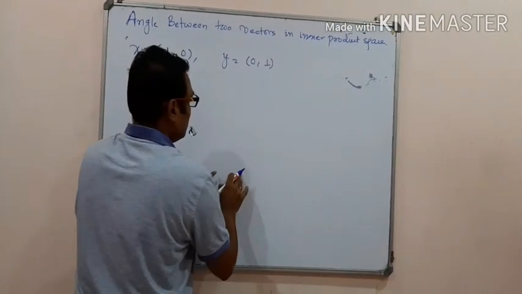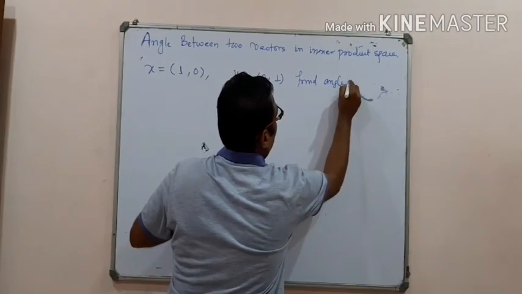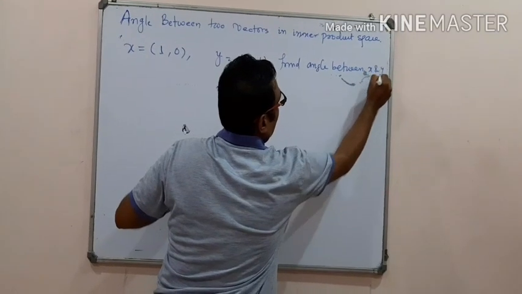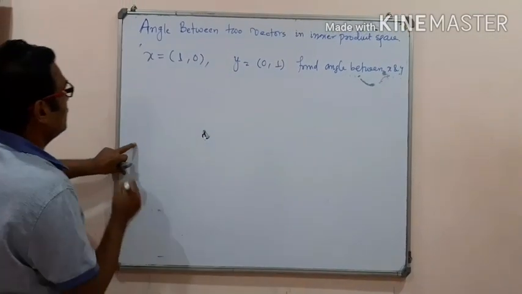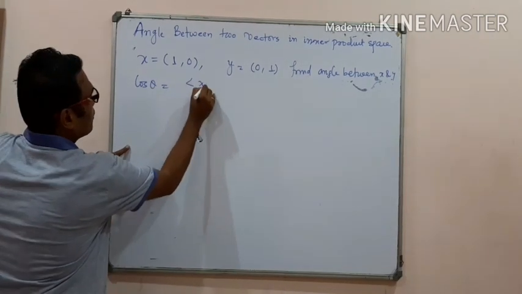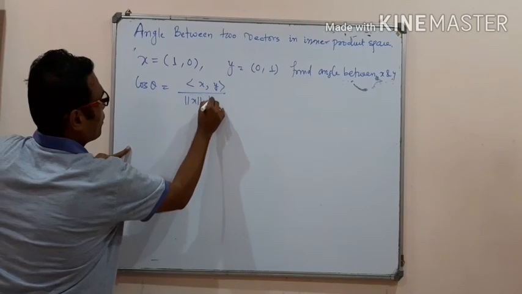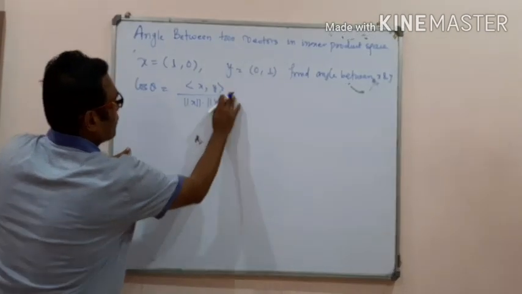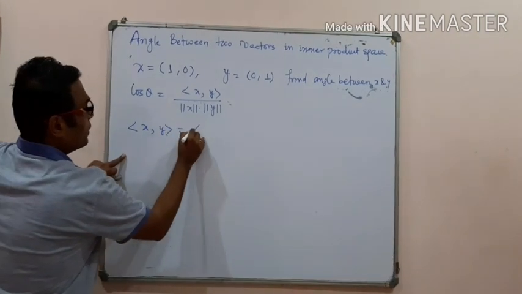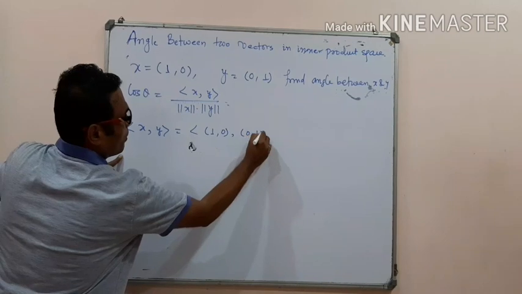Find the angle between x and y. Okay. So we write our formula: cos theta is equal to the inner product of x, y divided by the norm of x into the norm of y. We compute the inner product of x, y. It is (1, 0) with (0, 1).